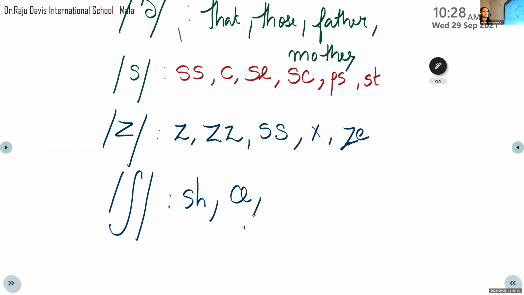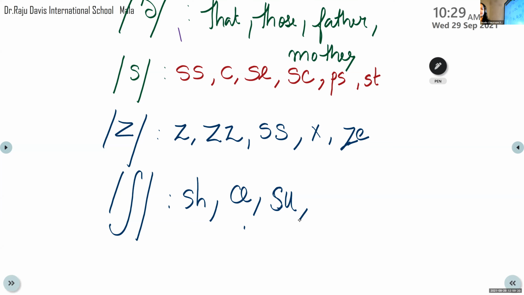We are learning symbols, don't forget that. Okay, then SU, like sure, sugar. It can give you the sh sound. Then shoe, shoe is SH.